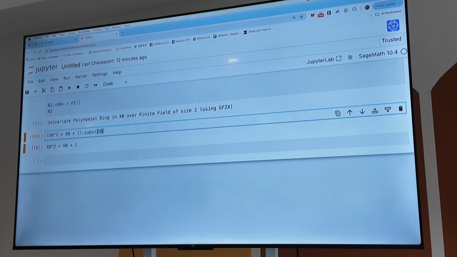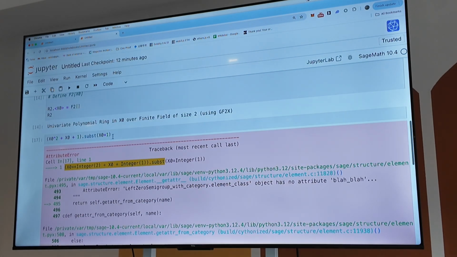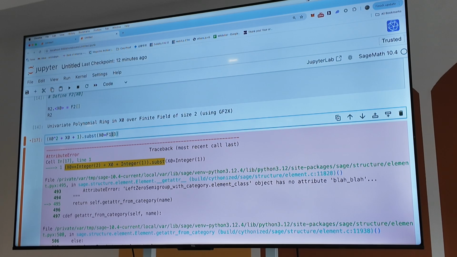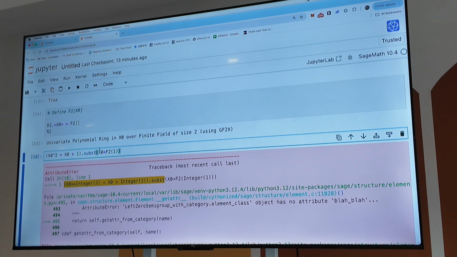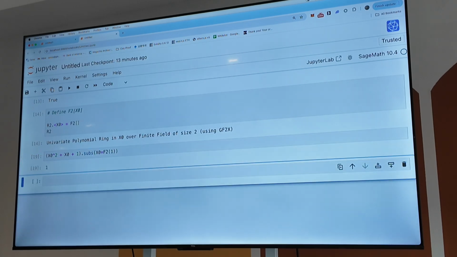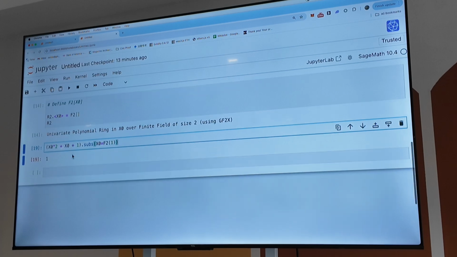We can evaluate this polynomial by, for example, letting x0 equal 1. Now we can evaluate the polynomial over F2.